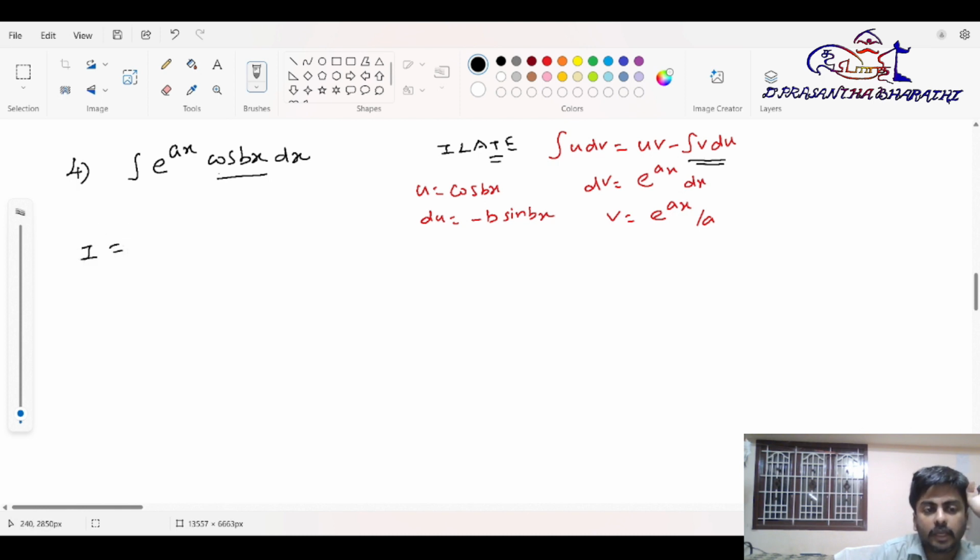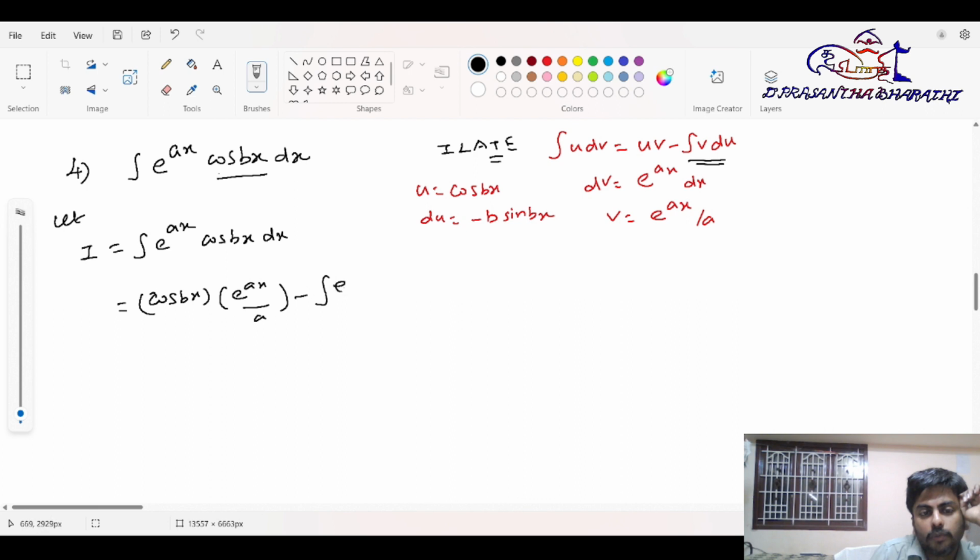So I am going to take that given integration as I. Let I equal to integral e power ax cos bx dx, that is equal to uv minus integral v du. uv means cos bx into e power ax by a, minus integral v into du. v into du means e power ax by a into minus b into sin bx dx.